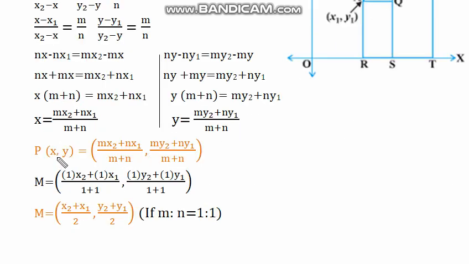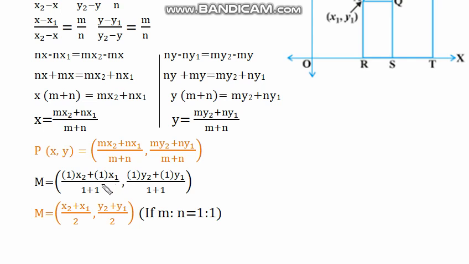So we found the x coordinate and y coordinate: mx2 plus nx1 divided by m plus n, comma, my2 plus ny1 divided by m plus n. Actually this is the formula. This is the section formula, if the point is dividing the line segment internally, inside only. So internally, this is the formula.